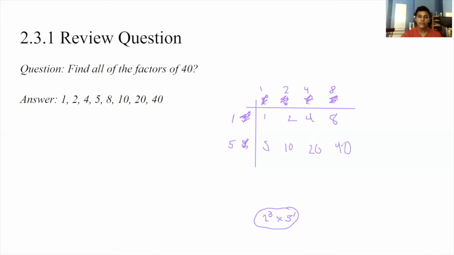And these are all my factors of 40. If I put them in numerical order, I get 1, 2, 4, then 5, and then 8, 10, 20, and 40.